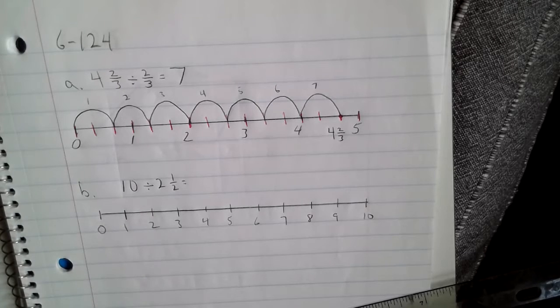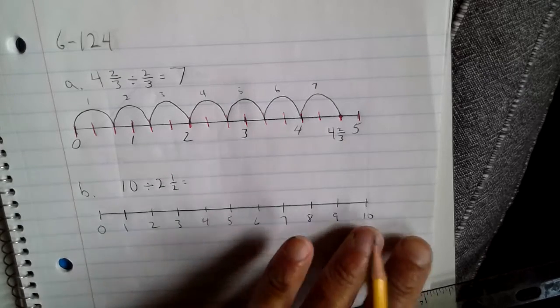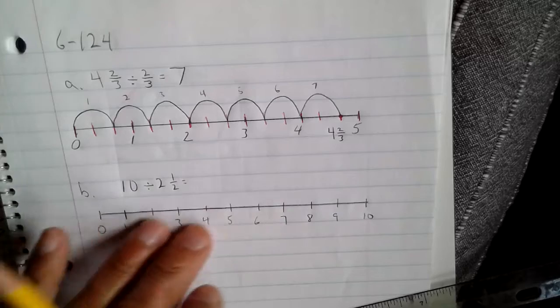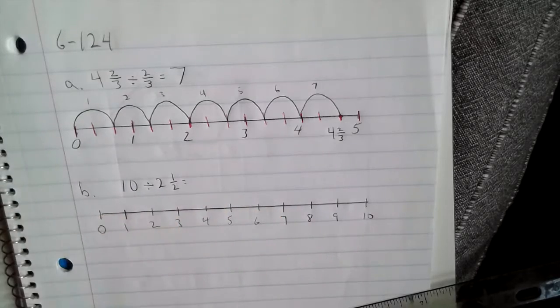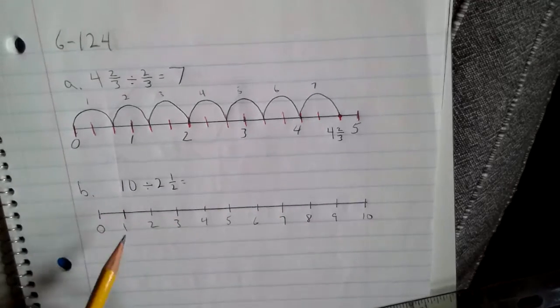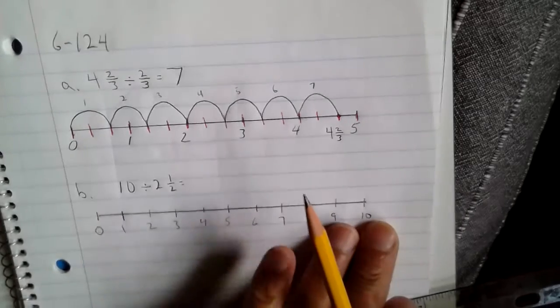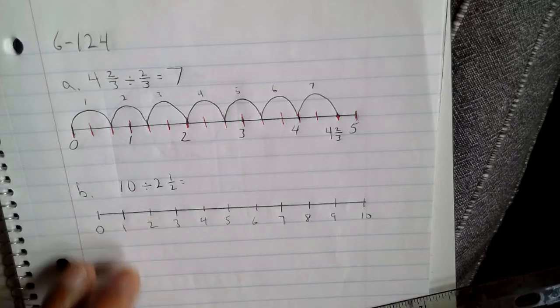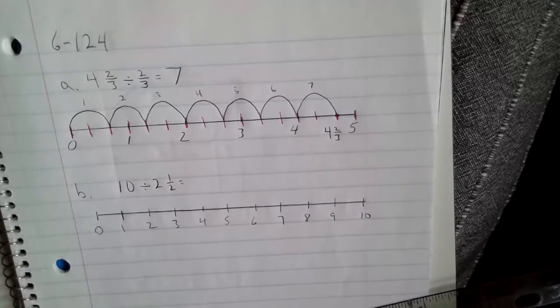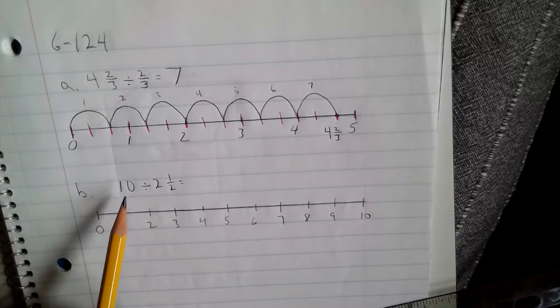This time, let's start at 10. Because really, we have 10 and we want to start taking out these groups, right? It's the same idea, really, but now we're just going to go from 10 and subtract out equal groups, equal amounts. Okay, so let's go ahead and start.